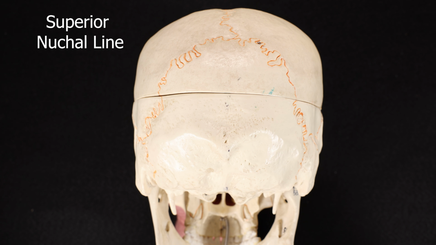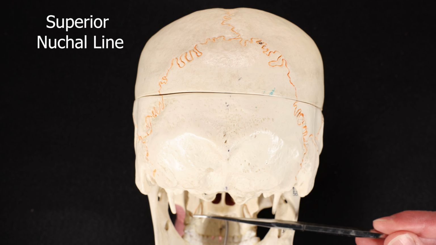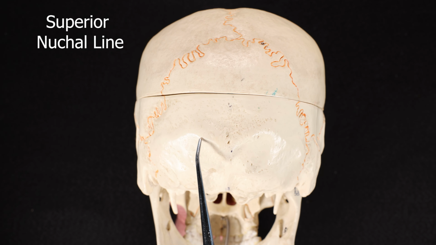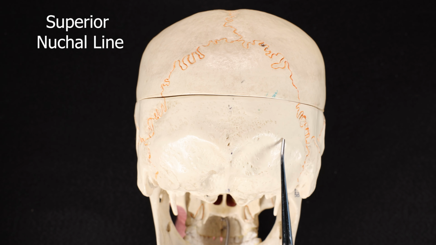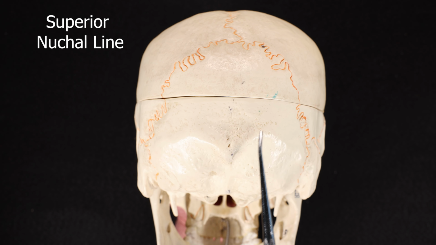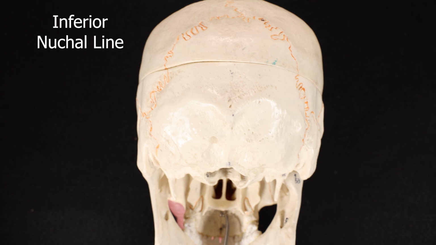Now remember, orientation-wise, this up top here is superior, this down here is inferior. You can see how there's a ridge right along here. This ridge, that is the superior nuchal line. Now, just below that is the inferior nuchal line.